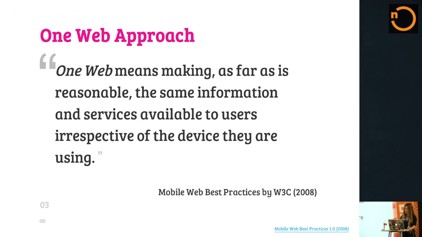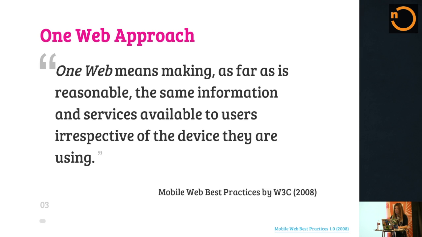Here's what it says: One Web means making, as far as reasonable, the same information and services available to users, irrespective of the device they are using. So basically, it's saying don't discriminate against your users, no matter which device they are on.